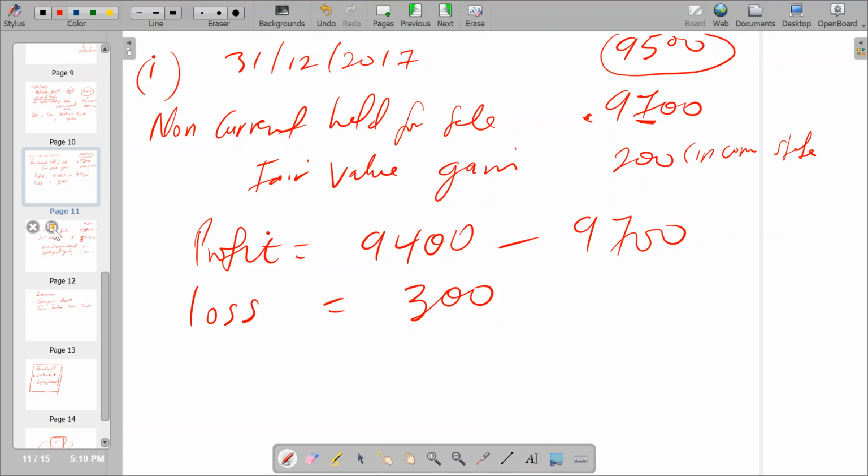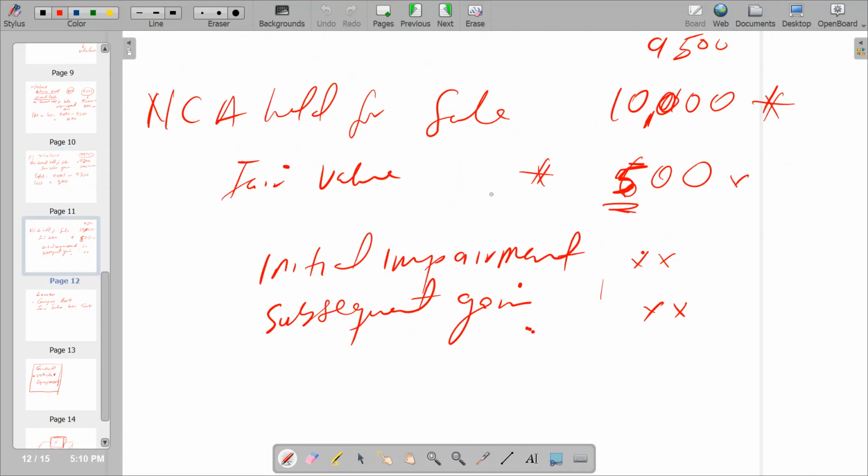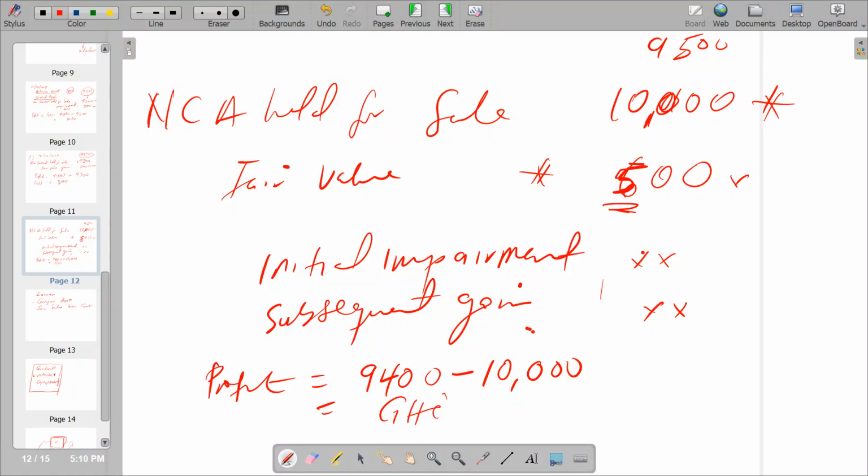Okay, then scenario 3, the fair value was 10,000. So the profit will be 9,400 minus 10,000. The profit or loss. Okay, so this is going to be a loss of 600.